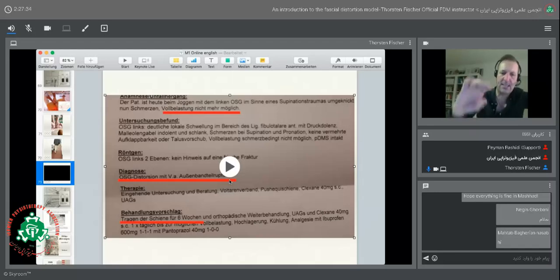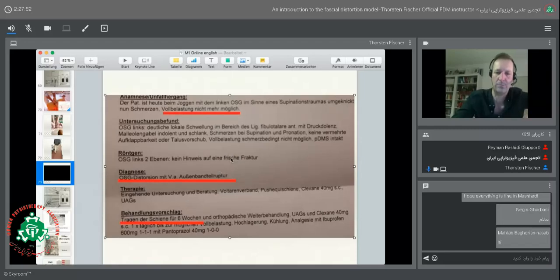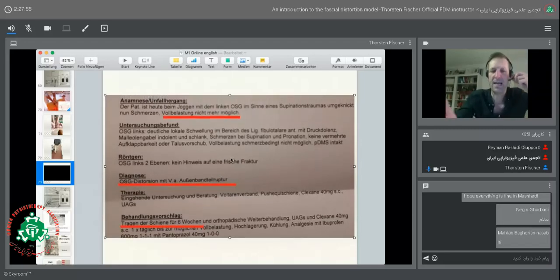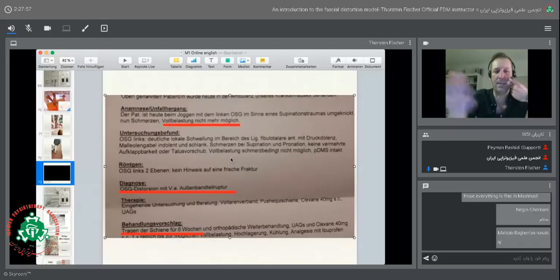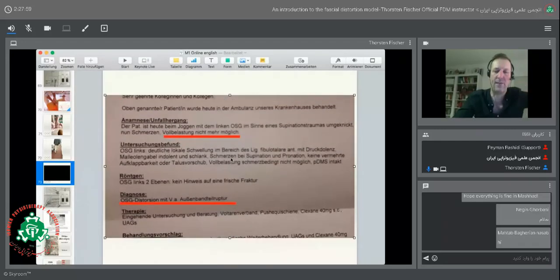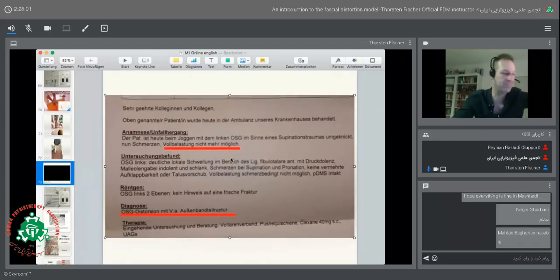They think it's partly rupture of the ligaments, and his treatment is orthesis for 6 weeks and ibuprofen and put the leg up and cooling and all this. I think what you all know. This is like 1 hour after it happened. He went to the hospital, and then after the hospital he came straight to me.